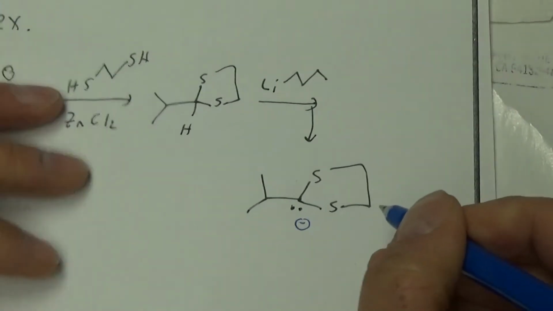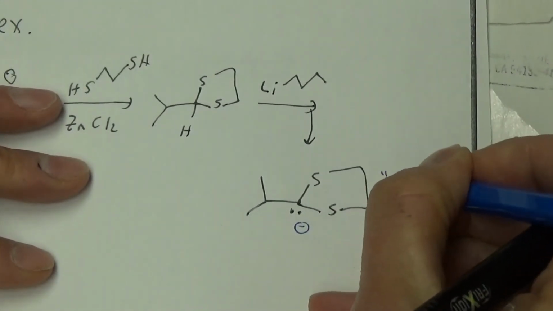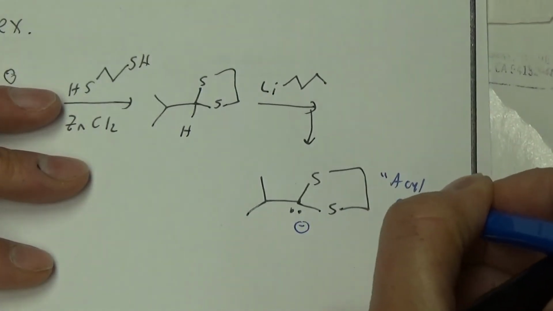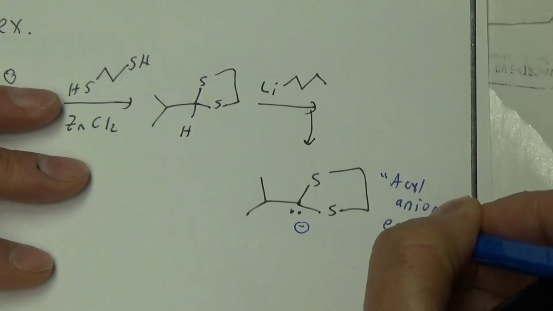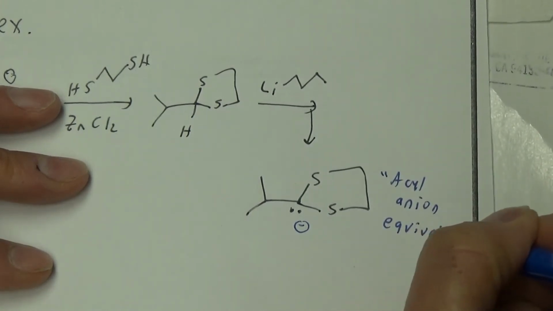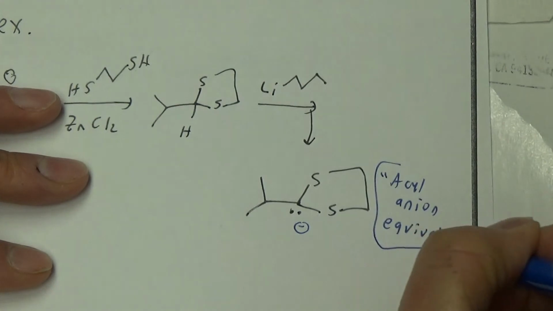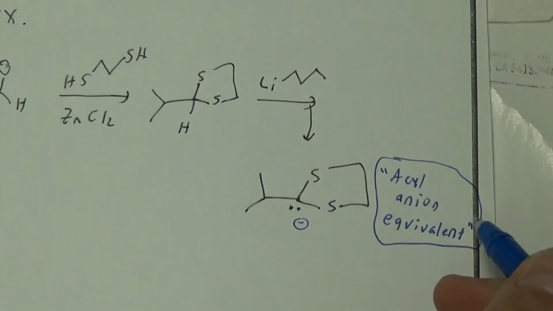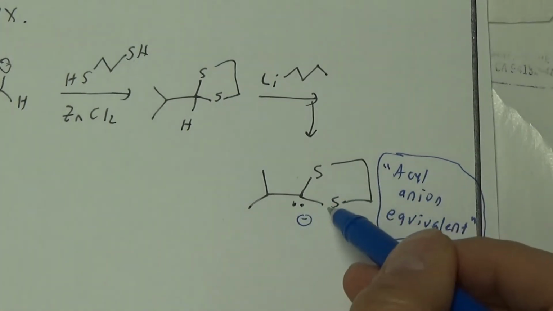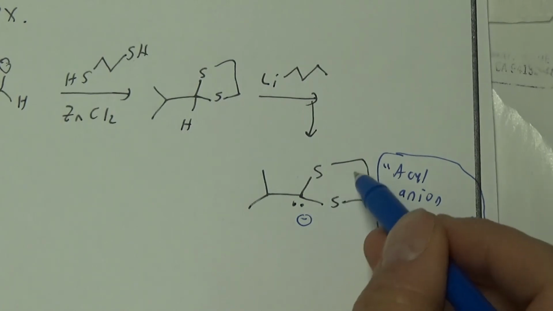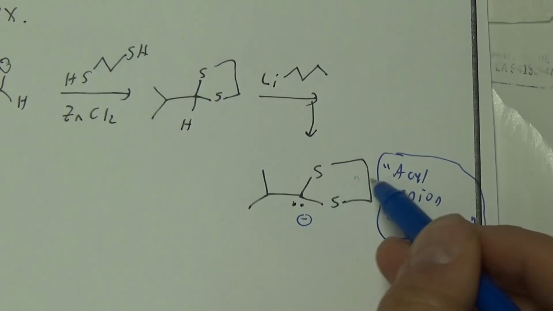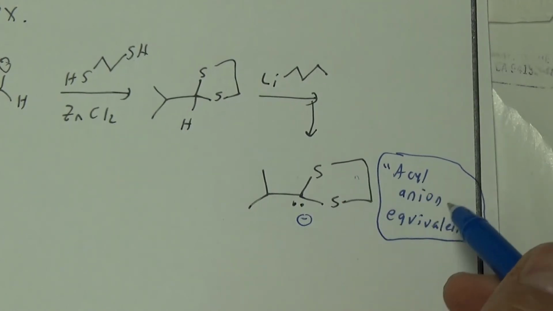Okay, and this is what we're calling our acyl anion equivalent. We'll see why it's an acyl anion equivalent. The point will be that once we go attack something with this, we can kind of return this back to a C double bond O, and that's why it's an acyl anion equivalent.